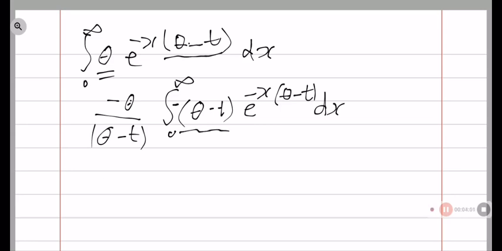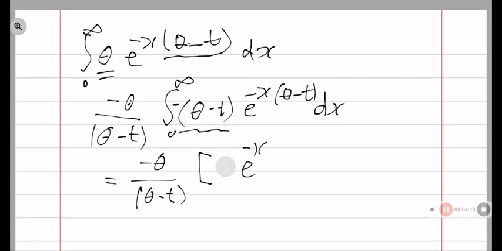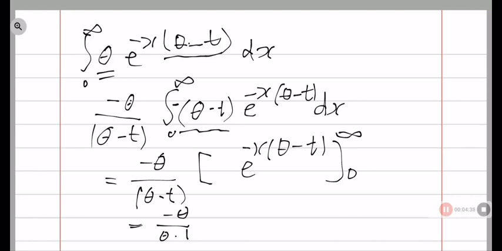So we've got minus theta in the numerator and theta minus t in the denominator, and the integral of this will be e to the minus x (theta minus t), evaluated between infinity and 0, and this will be minus theta over theta minus t.